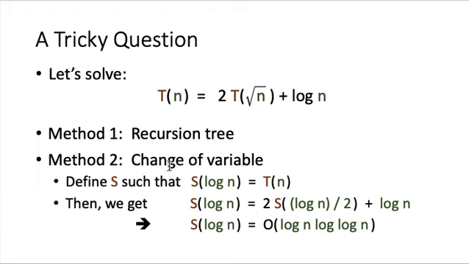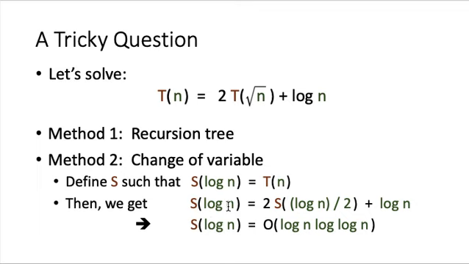Now using this new definition of S, T(n) changes to S of log n. And how about T of square root of n? If we change it to a function of S, we take the log of this one. By taking log of square root of n, we get log n over 2. So here, 2 times T of square root n is the same as 2 times S of log n over 2, plus log n.